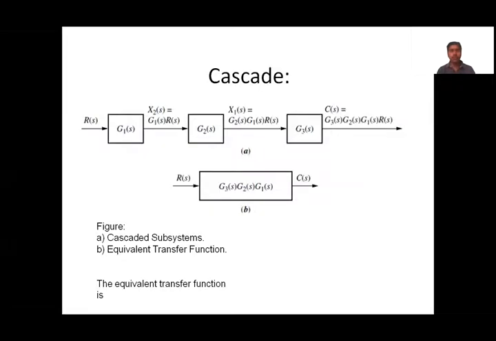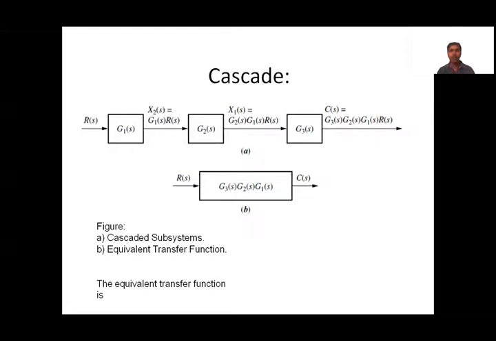This is one more example where subsystems are connected in cascade. Here after G1 the output is G1 into R of S. After crossing G2 of S, it is the multiplication of G1, G2 and R of S. After crossing the third block, it is the product of G3, G2, G1 and R of S. So after simplification, these three blocks combined can be represented as a single block.